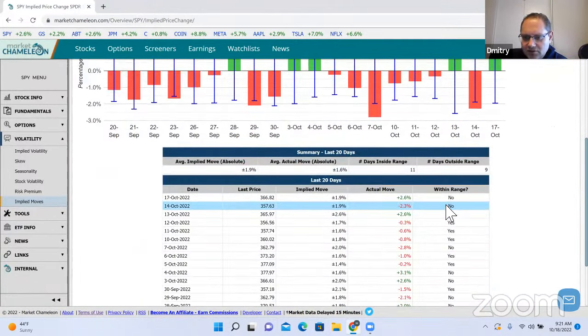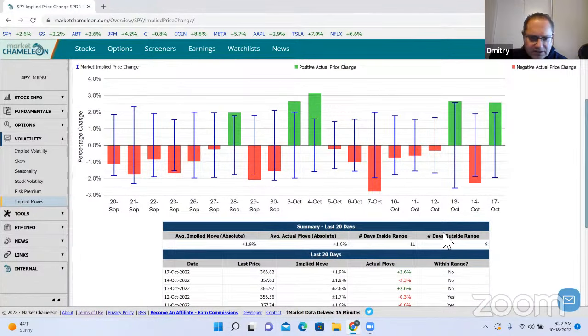If we come down here, we could see, given these last 20 trading days, which is about a month, on average, the implied moves were predicting an up or down 1.9%. The actual moves were on average 1.6%.